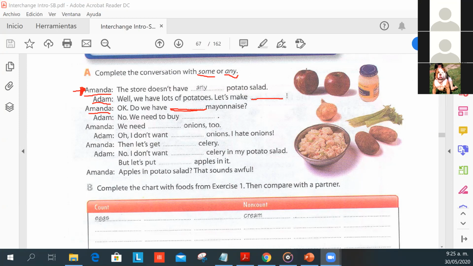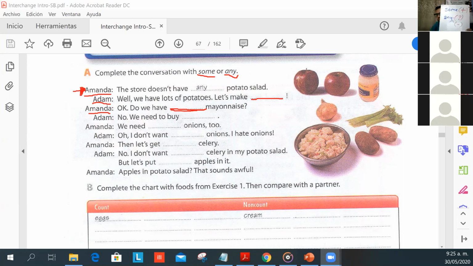Remember, we use... Do we have mayonnaise? Okay, but what goes... any? Correct?